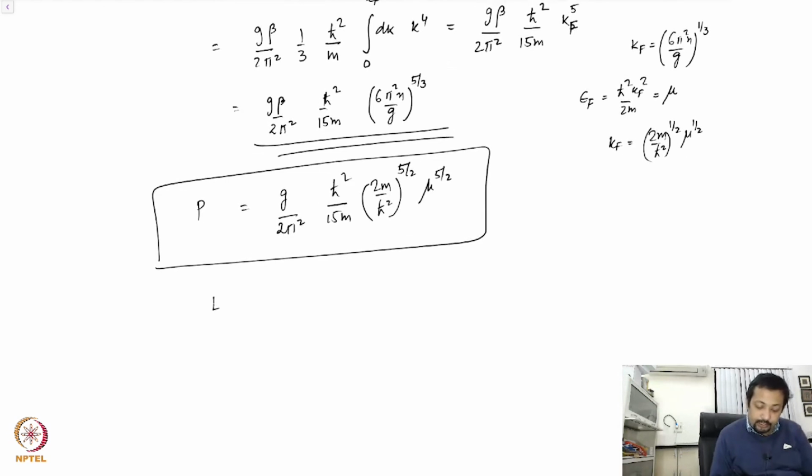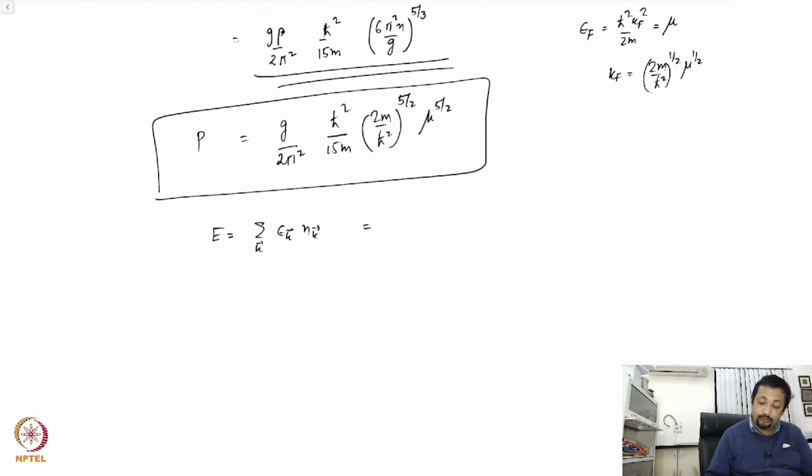What about the energy? Energy was the sum over k of epsilon_k n_k, which I know as GV over 2 pi squared, k squared dk, h bar squared k squared over twice m. So sorry, there is an average occupation over here, n_k.